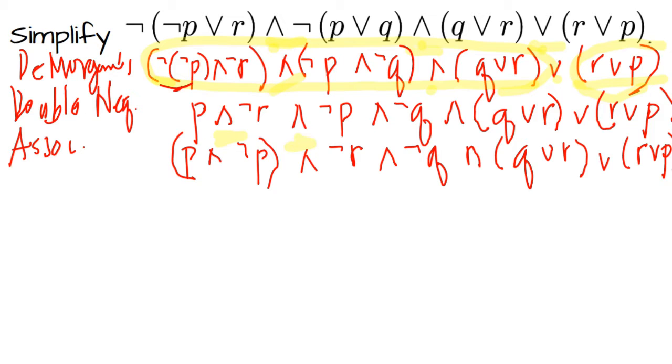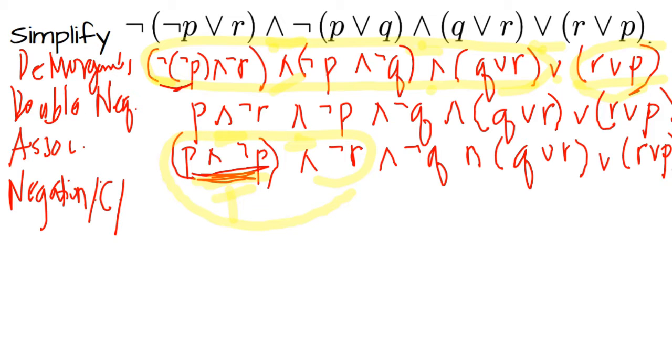So in this case we have negation. So by negation property, this will be true, and negation with identity. So negation, commutative, just to reverse the order, and identity.